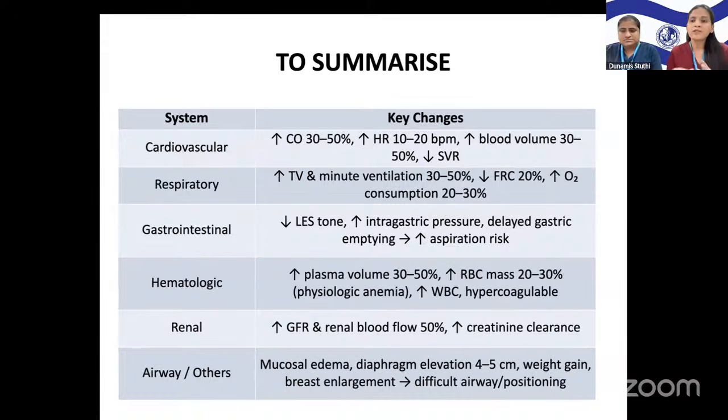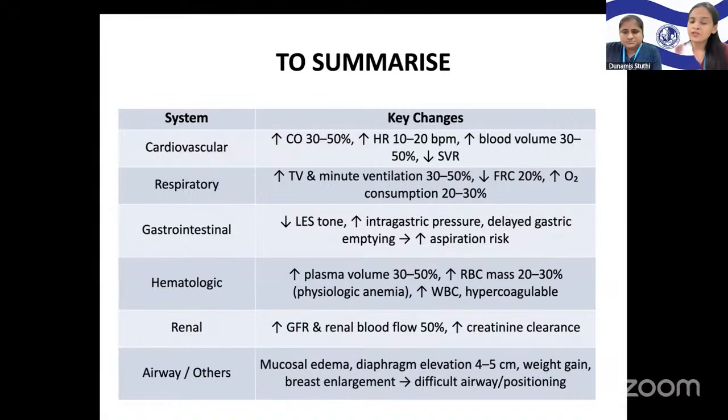To summarize all the physiological changes that we have learned till now, in the cardiovascular system, we see that the cardiac output is increased by 30 to 50% with an increase in heart rate and an increase in blood volume. In the respiratory system, there is increase in tidal volume, increase in minute ventilation, FRC is reduced, and oxygen consumption is increased. In the gastrointestinal system, there is lowering of the lower esophageal sphincter tone, increased intragastric pressure, delayed gastric emptying, and increased aspiration risk.